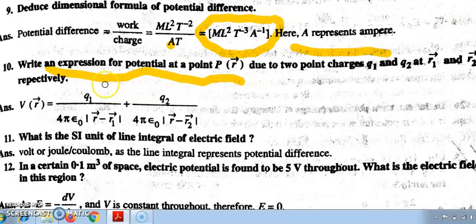Now you have to write an expression for the potential at a point P due to 2 point charges Q1 and Q2 at position vectors R1 and R2.